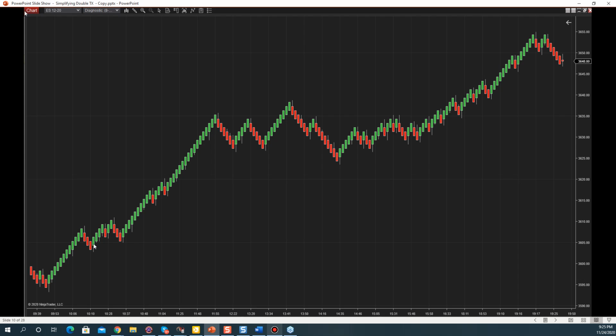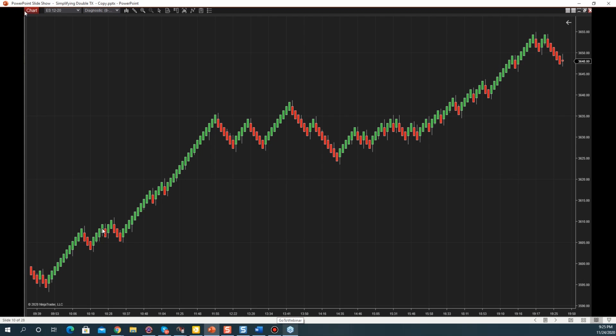And if this up close bar right here had a TX on it and nothing in the way, we'd be interested in taking that. But right here, when we've got up close, down close, up close, we stay out of those for our typical TX trades.